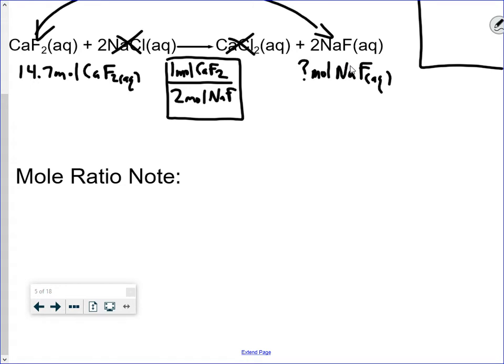Some of you who are good at math probably see the writing on the wall, but we're going to use unit analysis to cancel it. This question wants us to solve for moles of sodium fluoride. Is that mole sodium fluoride? Nope. There it is, but it's on the bottom of the fraction, so you can flip the mole ratio.